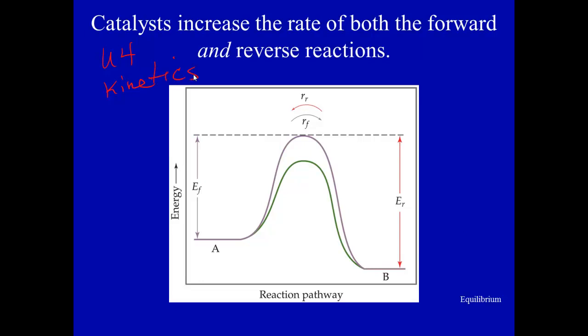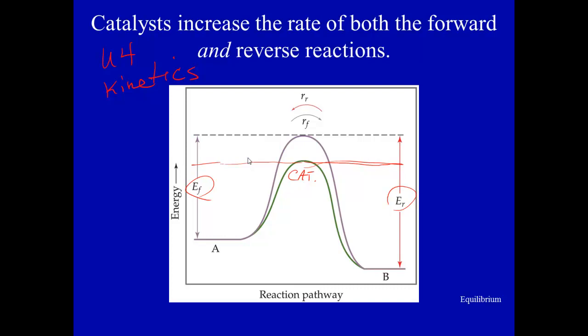Here I have my activation energy of the forward reaction and my activation energy of my reverse reaction. My green line is my catalyst. You can see the hill is shortened for both my reactants and my products, so it works in both ways with a catalyst.